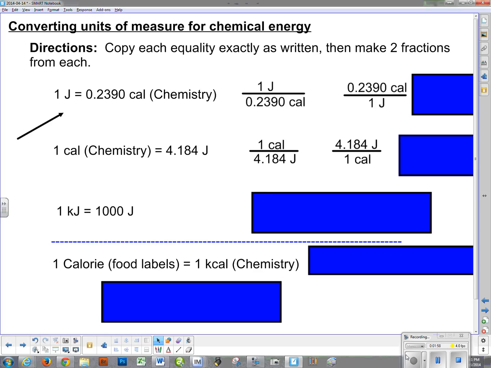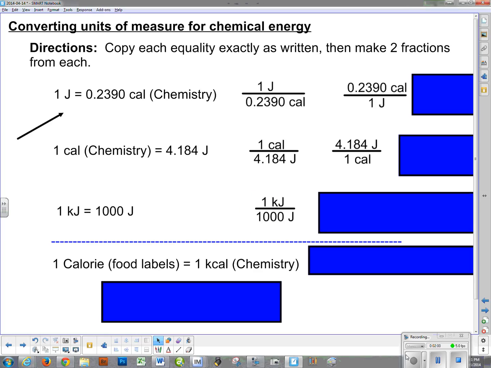Okay, good. And do you all remember this little trick where we have K here? What does K stand for? Kilo, but how many zeros in kilo? 3. And that's what this is all about. See, we're substituting the K with 1,000.